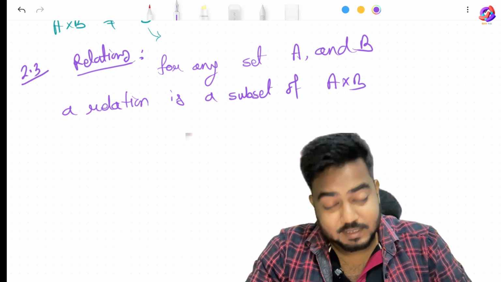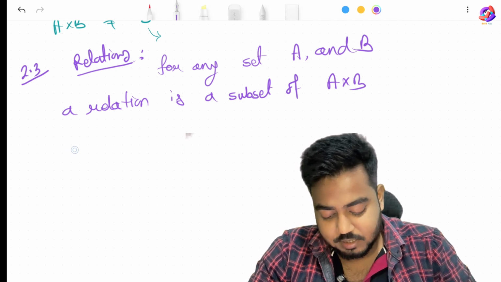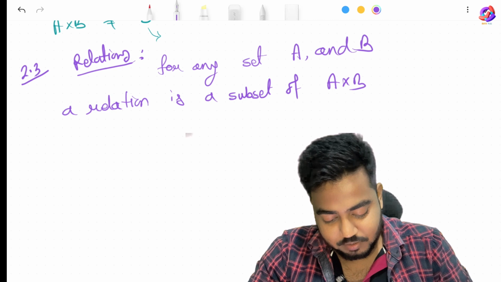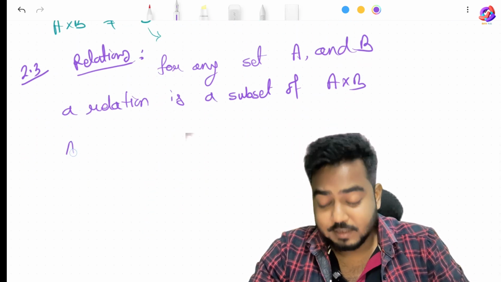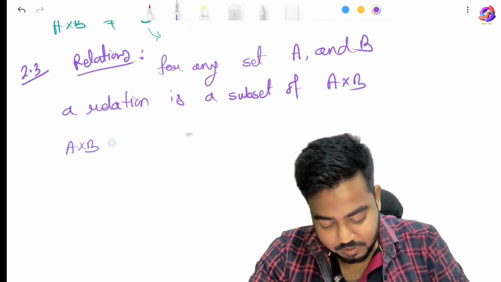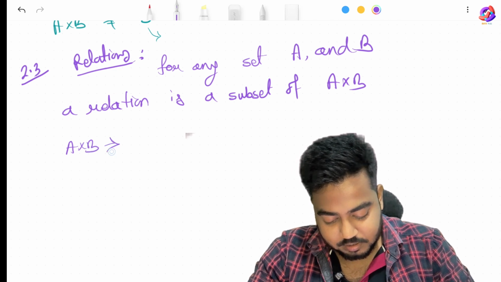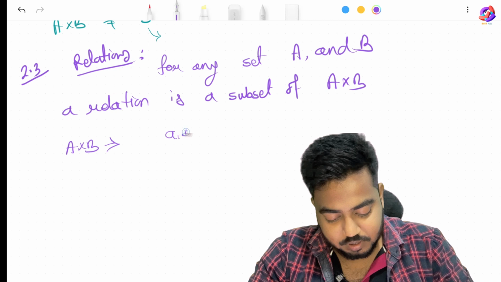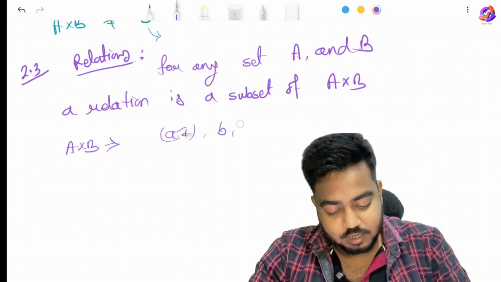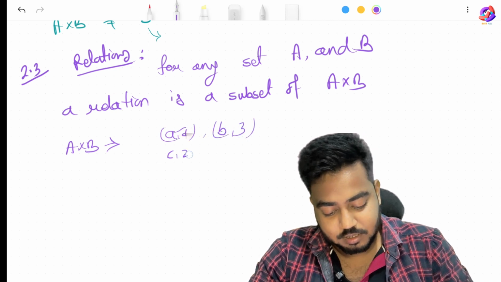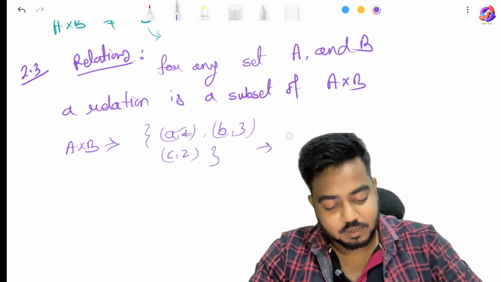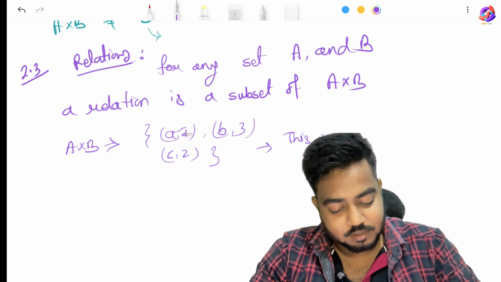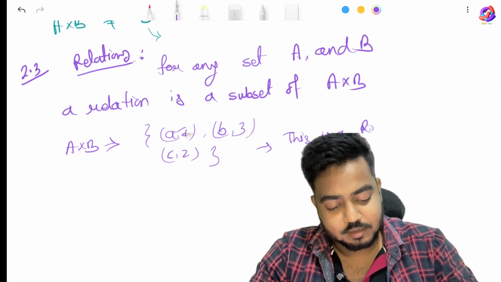Let's understand this with an example. We have A cross B, and we pick A comma 1, B comma 3, C comma 2. This set is a relation.